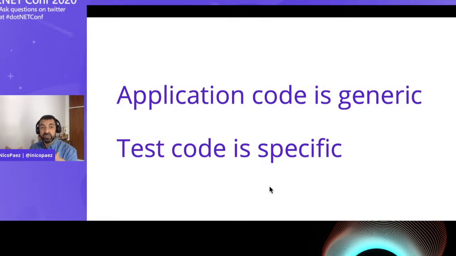You have to manage several situations, but your test code is specific. In each test, you are addressing one specific test case, right? That implies that when you are testing your application, it's possible to have much more test code than application code, right? That's not infrequent when you practice test-driven development, right?